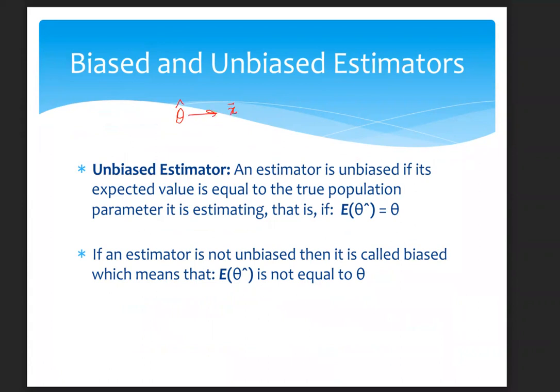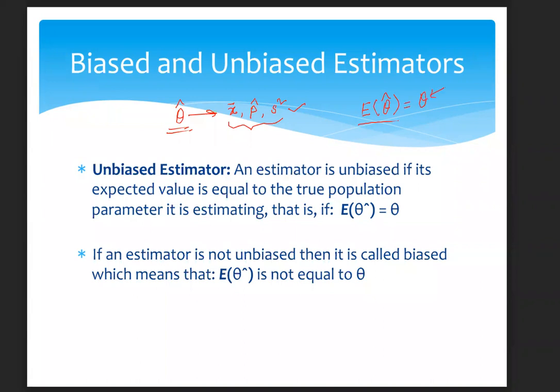It could be X bar, it could be P hat, or it could be S squared. These are all different characteristics of a sample. Generally, we use theta hat to represent one of these, okay? So if you have theta hat as a sample statistic, then the expected value of theta hat, if that is equal to theta, which is the population parameter.